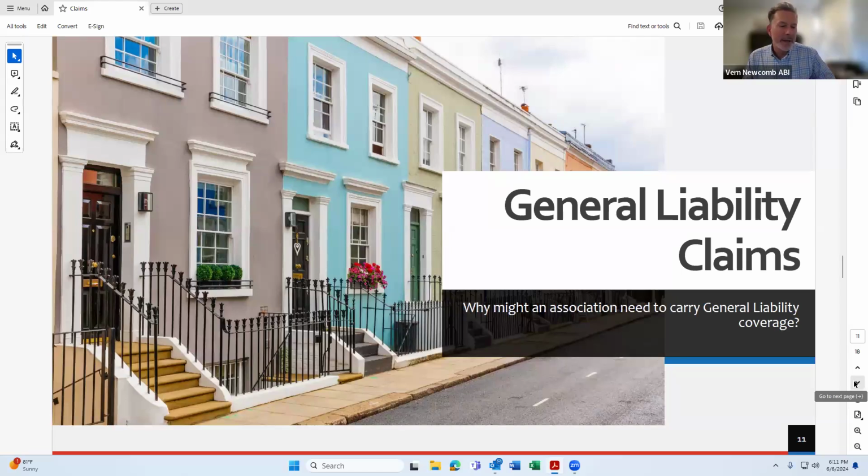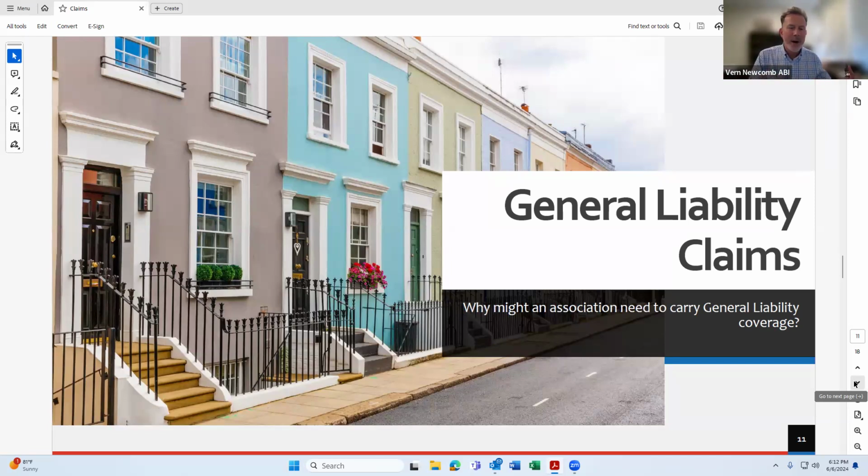So, general liability claims. Let's go into that. We said there are 4 claims that we deal with for associations. The 2 big ones are property, which is the biggest, and the next one is liability. Real similar to your auto policy.